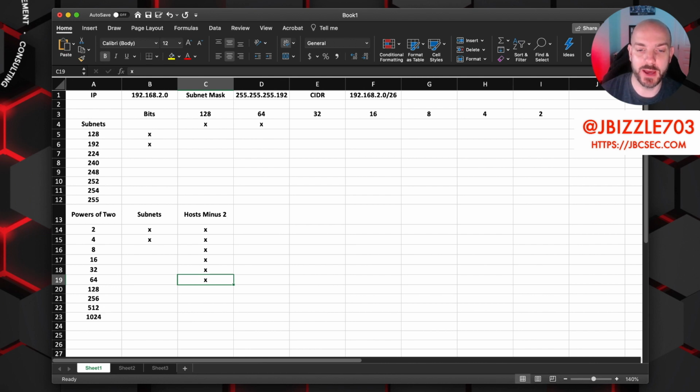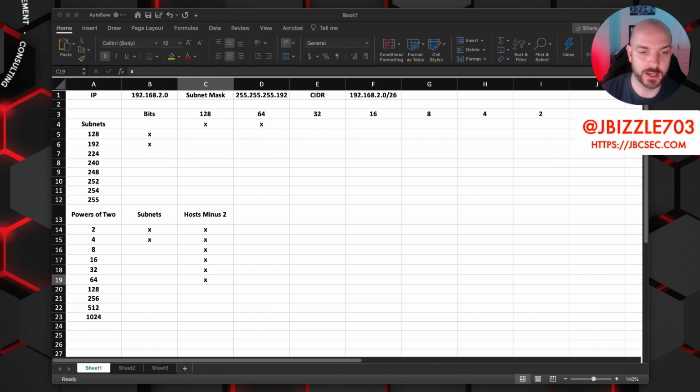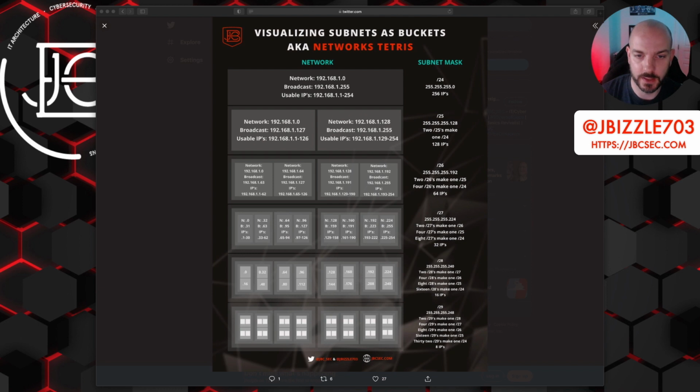And again, if we go back to our handy diagram, we kind of covered that there. So we see under this /26 area, you'll see that the network for the first subnet starts with a 0 and the broadcast ends with a 63.